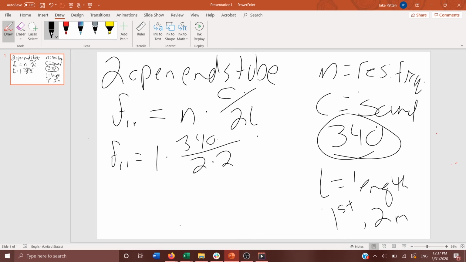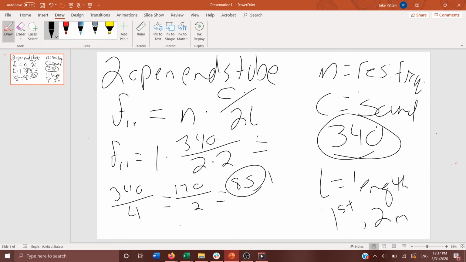All right, well, we can start reducing some things. So we know that 1 times anything is itself, so we can just get rid of the 1. And now we're ending up with 340 over 4. That can be reduced to 170 over 2, which can be reduced to 85. So 85 hertz is the first resonant frequency.